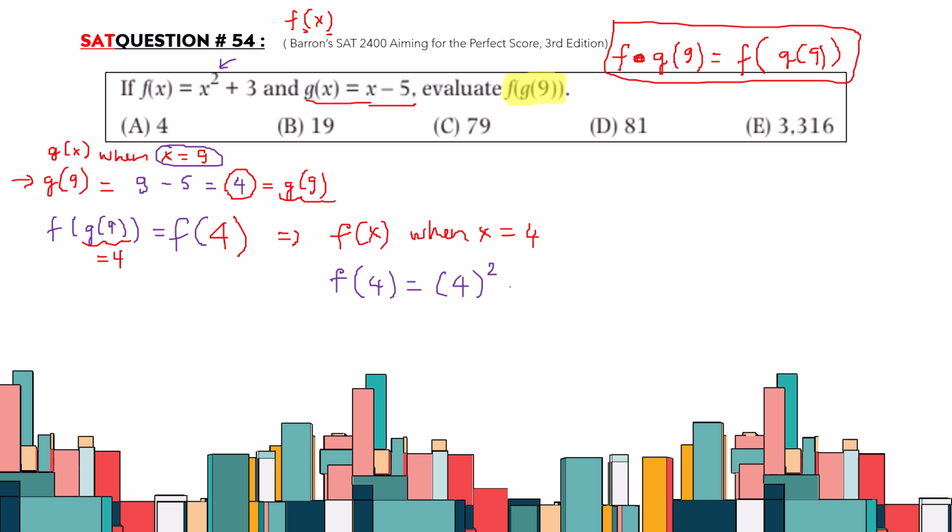Then add 3. The 4 goes where the x is. We finish this with 16. 4 times 4 is 16. That is 4 squared, right? 16 plus 3 is 19. So B is the right answer.